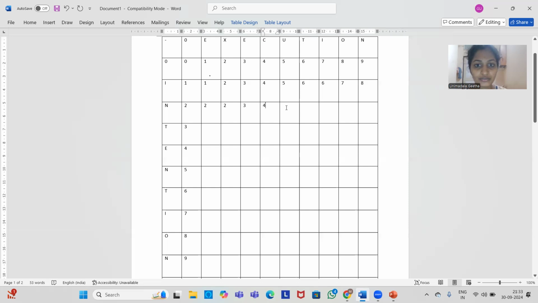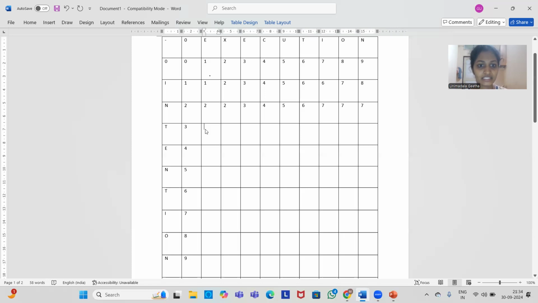Comparison between N and U, the number will be 5. N and T, the number will be 6. N and I, the number will be 7. N and O, the number will be 7. Here N and N are the same letters, so we perform the operation. Then the number becomes 7.